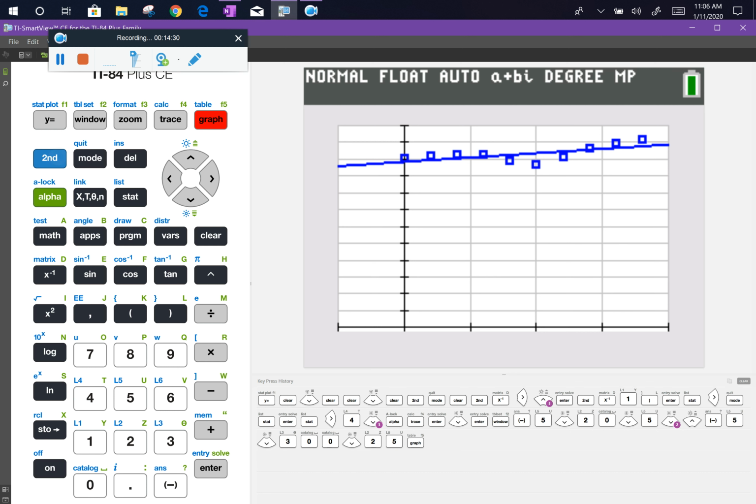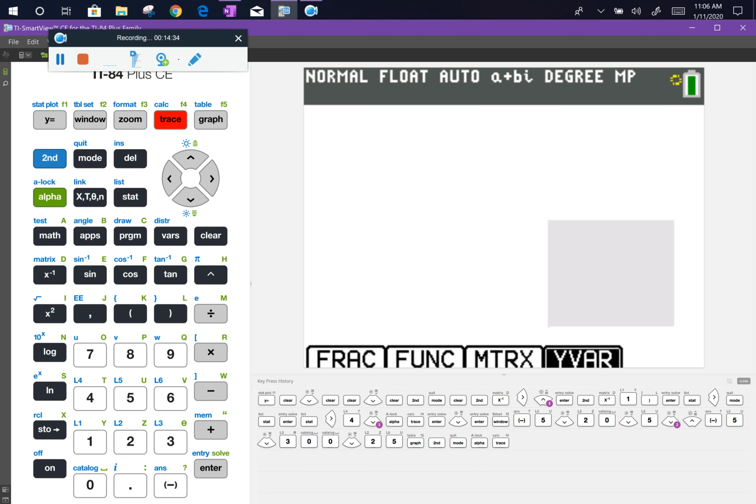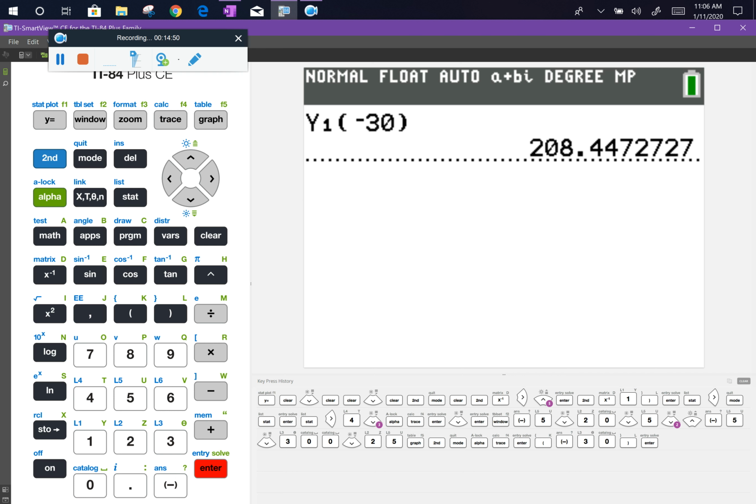So I'm going to come in here. I'm using second quit to get out of there. I'm going to use alpha trace to get my y1 right on this main screen. I'm going to open parentheses and type -30 and then close my parentheses. What I'm doing is asking the calculator to substitute -30 in for x in my function and solve for y. I'm going to do that for each of my values.